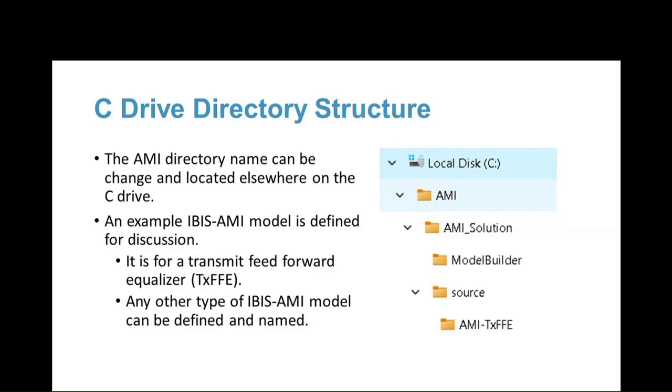The AMI-TXFFE is just the name of a folder that's going to be for a transmit FFE model that we're going to talk about as part of the demonstration of creating IBIS-AMI models, but that folder could be given any name for any other IBIS-AMI model you create. So this entire directory structure could be located at a root directory other than the AMI root directory, but everything else from under AMI Solution and on down is what has to remain the same.